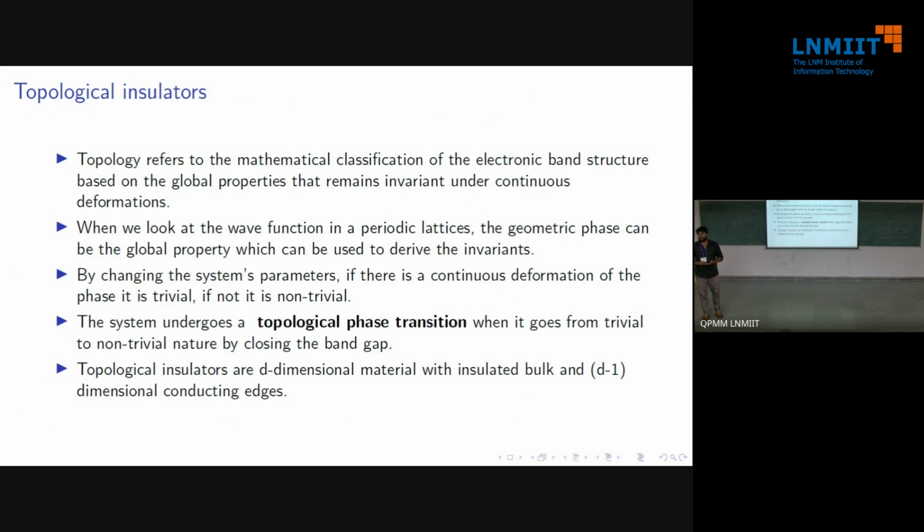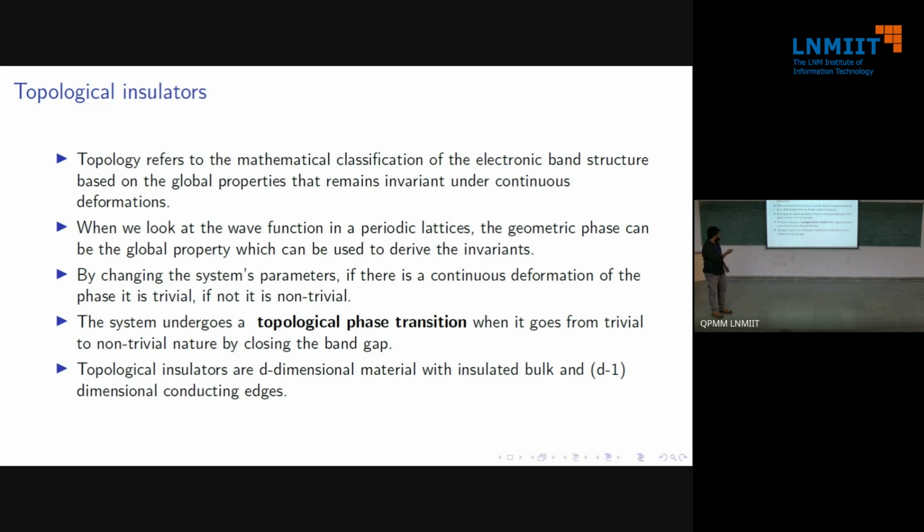And if the phase doesn't go to 0 under this continuous deformation, we call it non-trivial topology. When there is a trivial and a non-trivial topology, there should be a topological phase transition. One way of looking at this topological phase transition is by looking at the band closing phenomena.